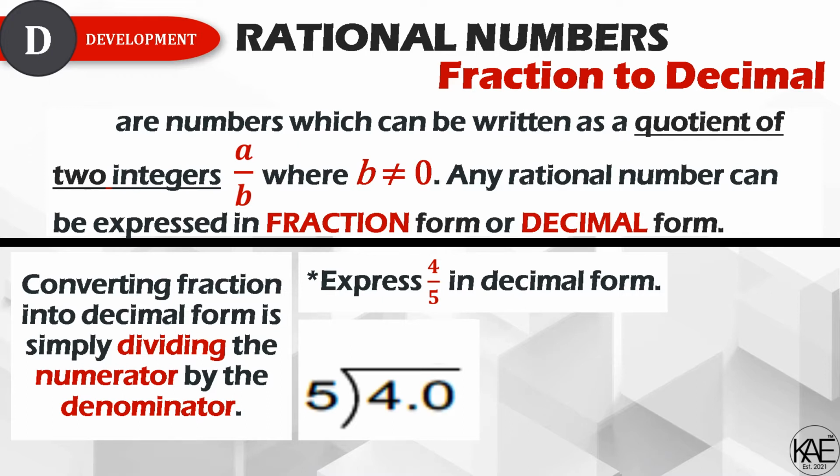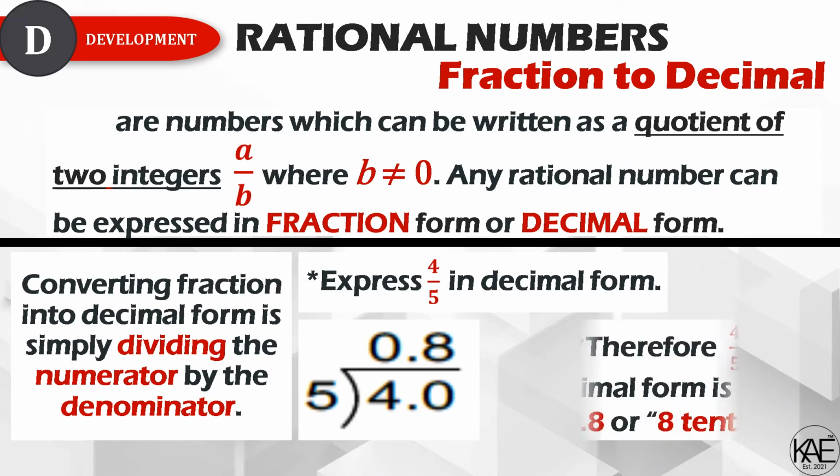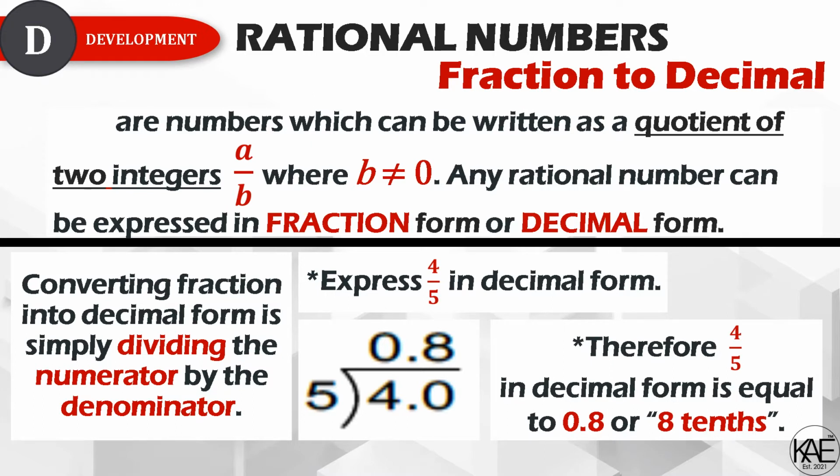Then, we can proceed with division. We copy the decimal place, then we divide 40 by 5, that will give us 8. Therefore, 4 over 5 or 4/5 in decimal form is equal to 0.8 or 8/10.